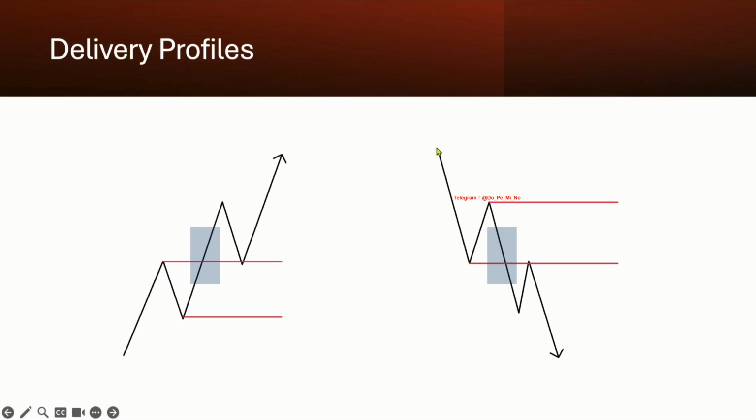For the opposing side, for the bearish scenario, it will look like the following, where we would see sell side delivery lower, followed by buy side delivery, followed by a new leg lower, sell side delivery. So at this moment, we have seen sell side delivery twice inside of the price range from this low to this high.